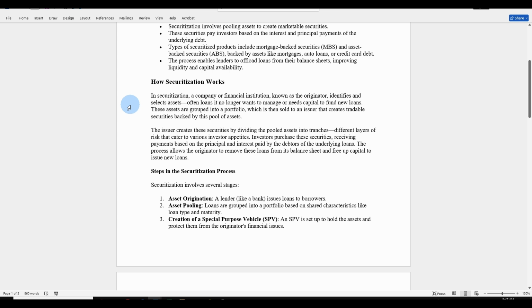How securitization works. In securitization, a company or financial institution known as the originator identifies and selects assets, often loans it no longer wants to manage or needs capital to fund new loans. These assets are grouped into a portfolio which is then sold to an issuer that creates tradable securities backed by these pools of assets.